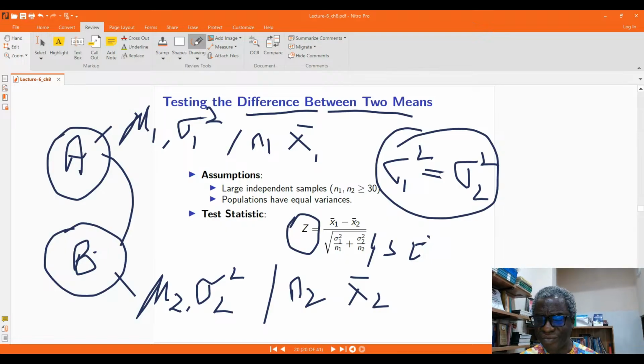So, and that is the variance of the square root of the sum of what you have here.